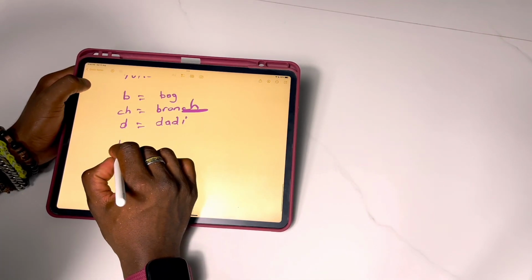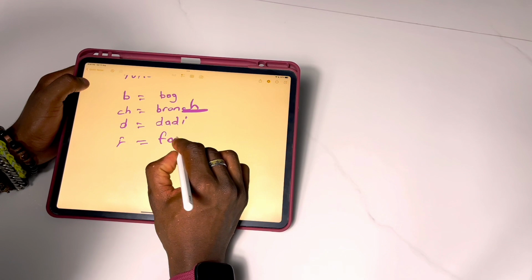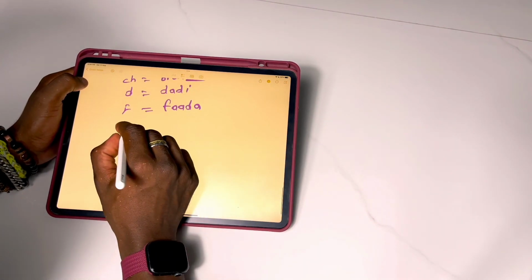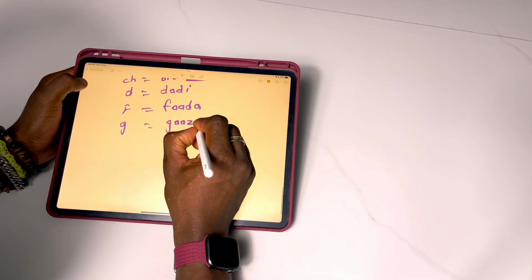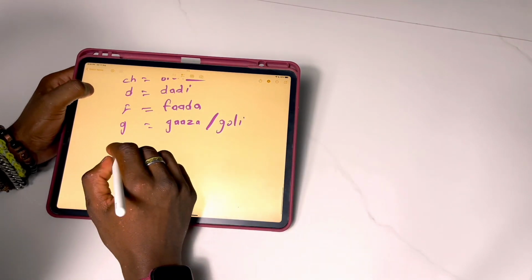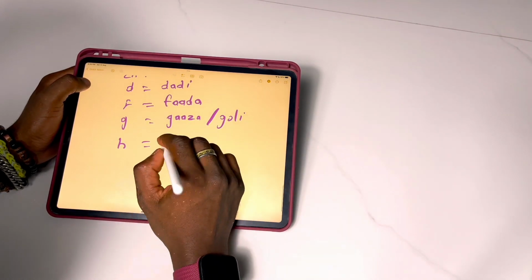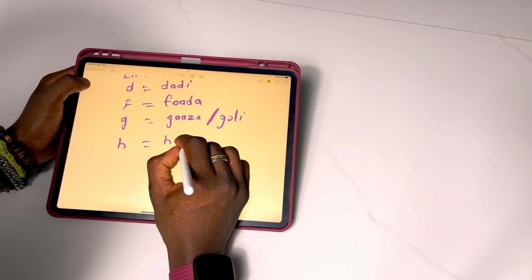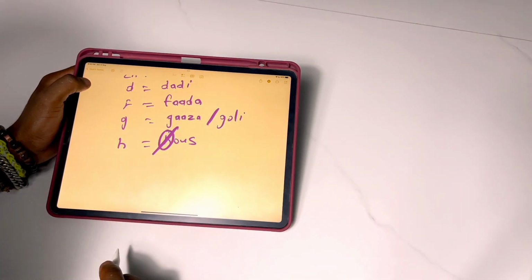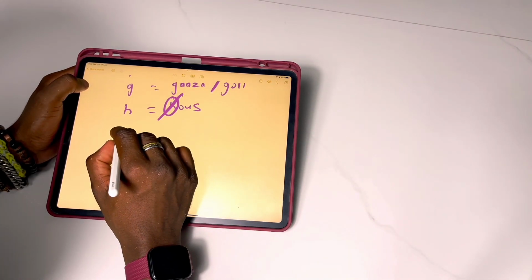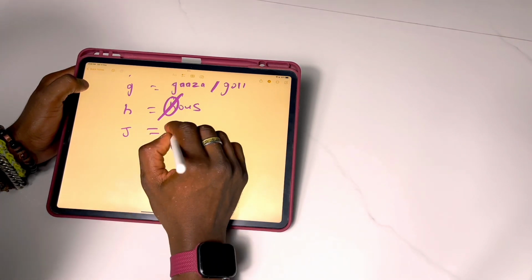We have f, as in your friend. We have g, which is represented by a g, in words like gully. It depends if you want to pronounce or not pronounce your h's.